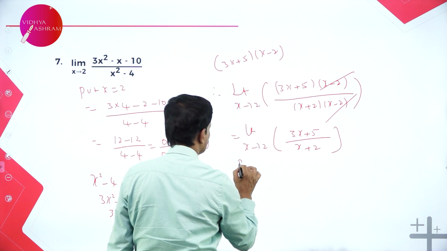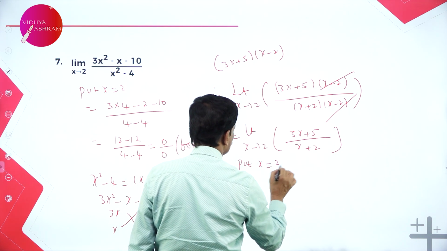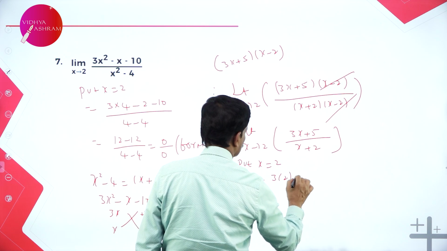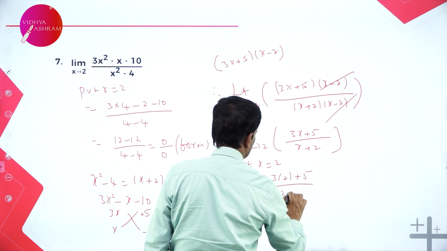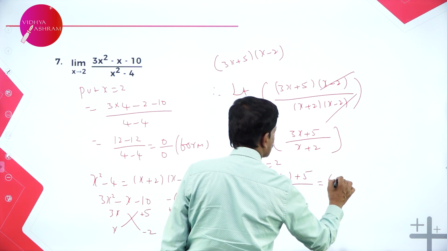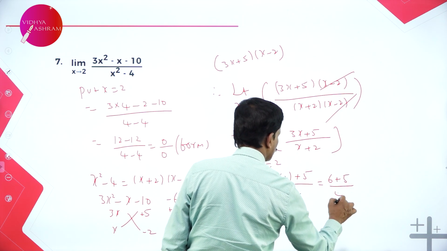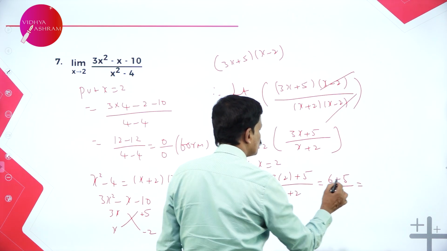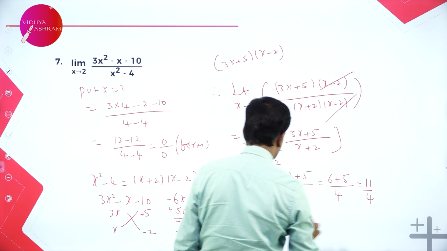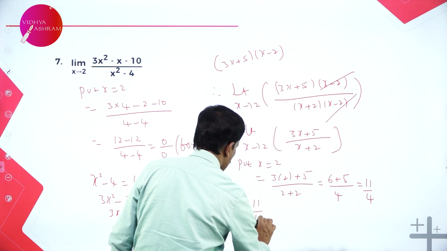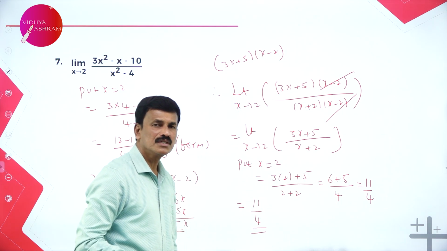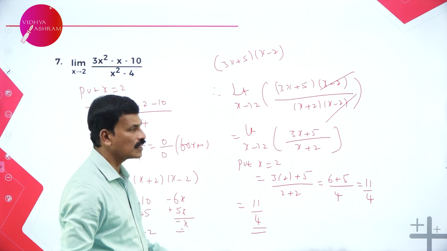Now, put x is equal to 2. 3 into 2 plus 5 divided by 2 plus 2. 3 2s are 6 plus 5 divided by 4. That is equal to 5 plus 6 is 11 divided by 4. The answer is 11 by 4, the required answer. So the answer for this problem is 11 by 4.